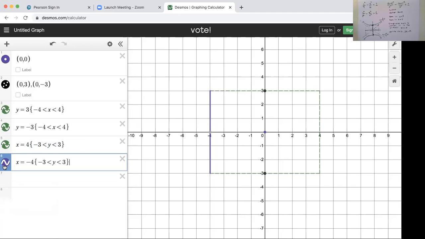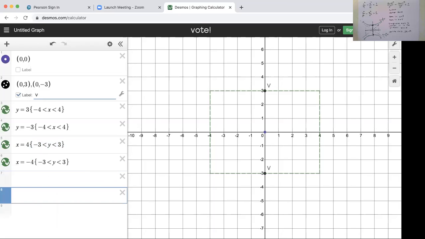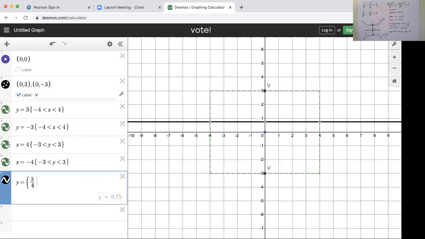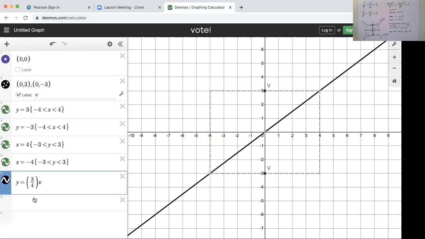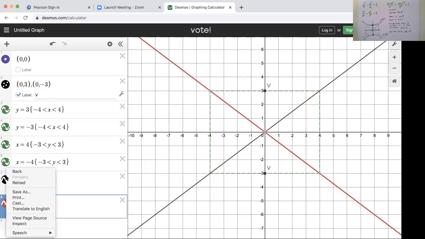Now we have our vertices. Let's label those as V so we don't lose sight of what those are. So the hyperbola has to start there. Now we've got to draw our asymptotes again, up 3 over 4. So y equals 3/4 x. Slope is 3/4, and y equals negative 3/4 x. Those are our two asymptotes.